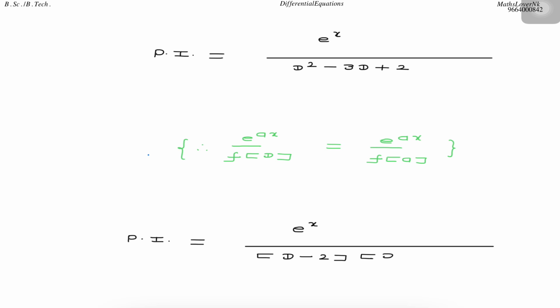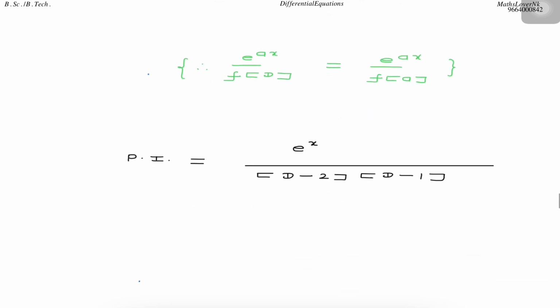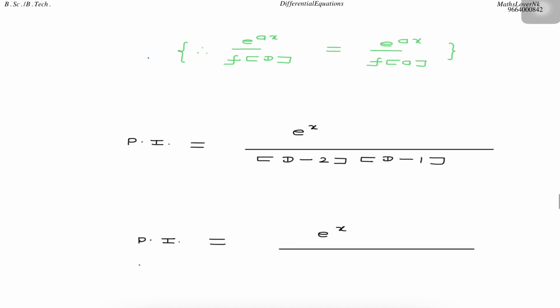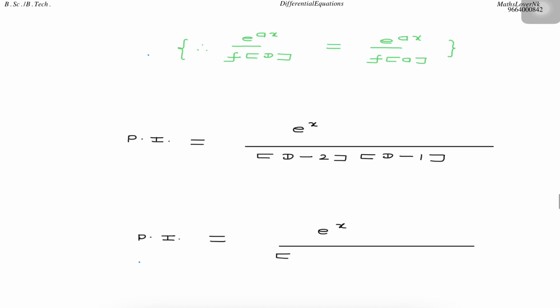Now apply the identity: e^x as it is, put D = 1 in (D − 2), giving 1 − 2, and don't write the (D − 1) factor, which is 1 − 1 = 0.